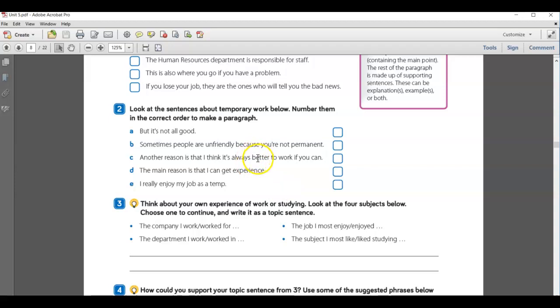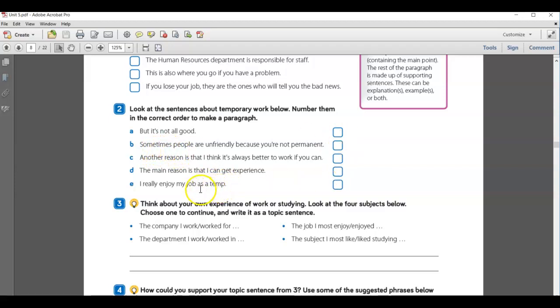Which one is the first one? Which one is the first sentence? This is the first one.